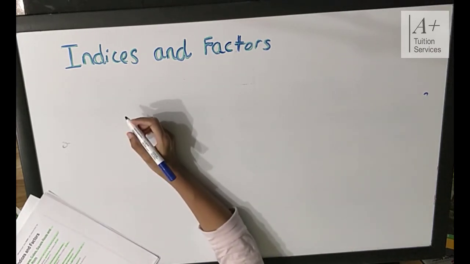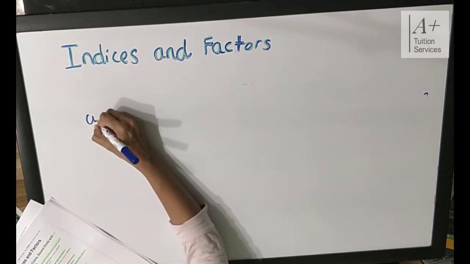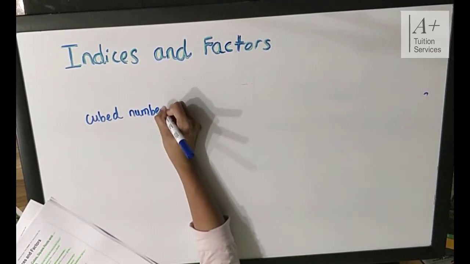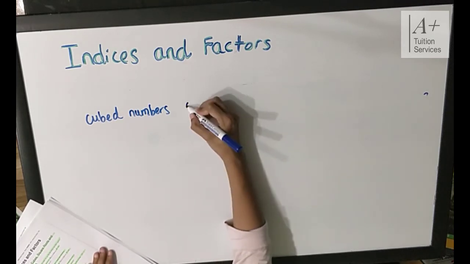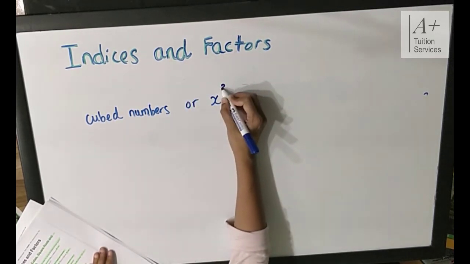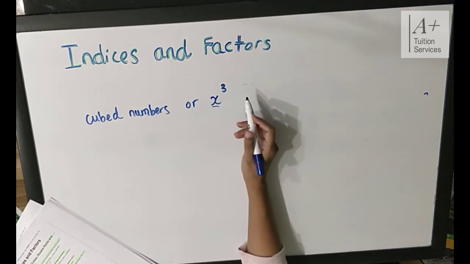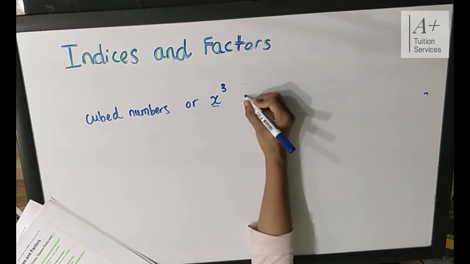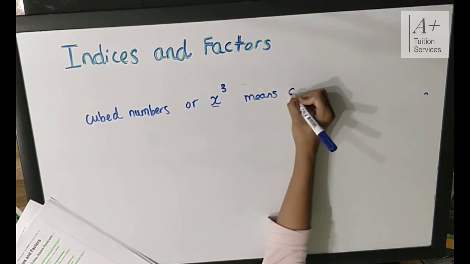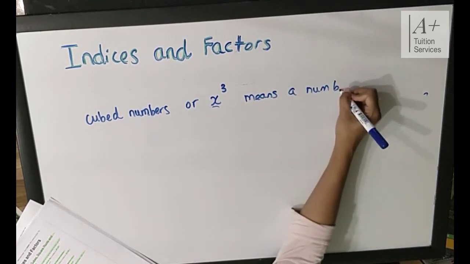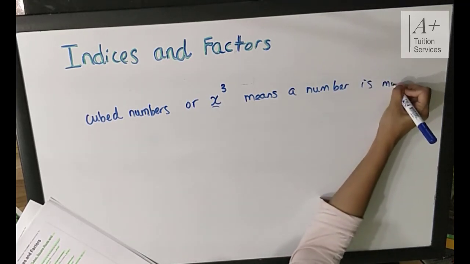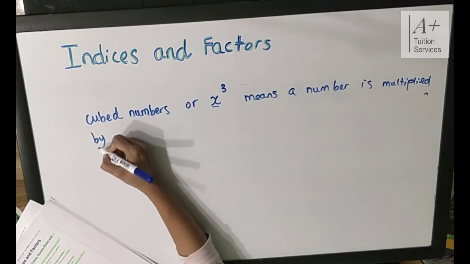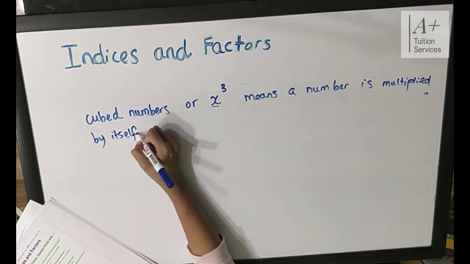So I have now cube numbers, or a number to the power of 3, and I'm using x as a number because we don't know what number it is, right? So any number to the power of 3 means a number is multiplied by itself 3 times.